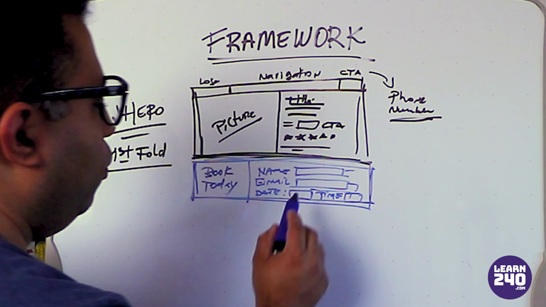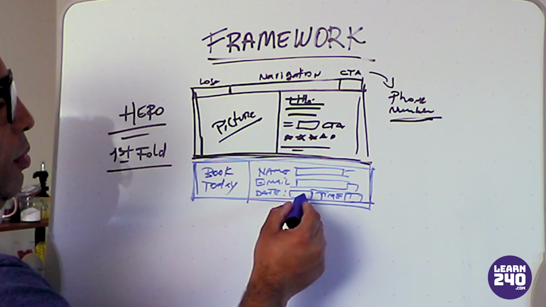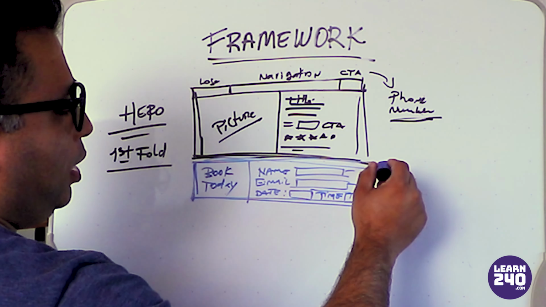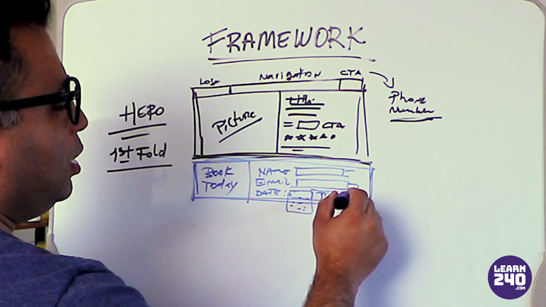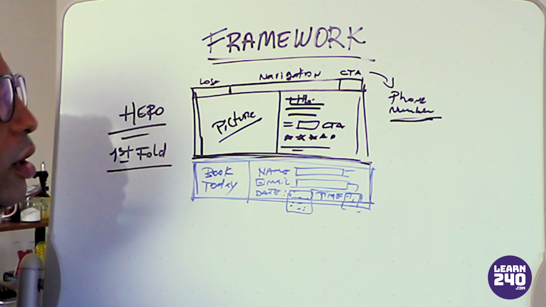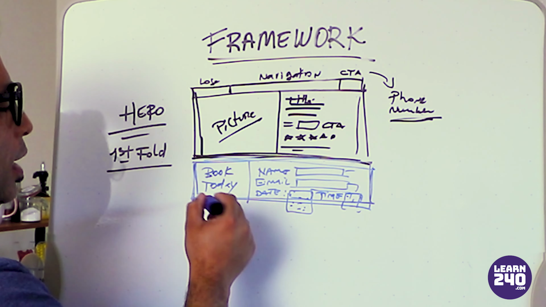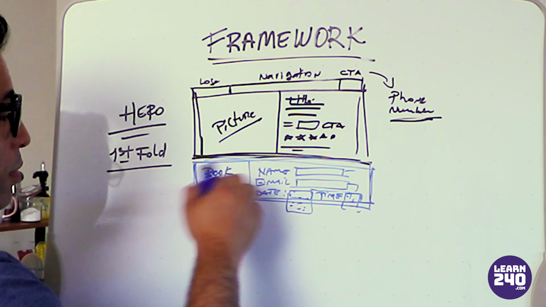When they hit the date, maybe we can have a calendar right here, so we can have the dates and the time. This is one option. And then after that, on the book today area, we can also have a picture, and book your table. Let me erase here so you can have a better perspective.